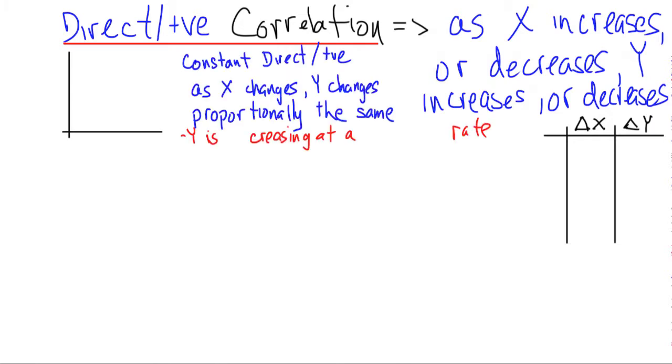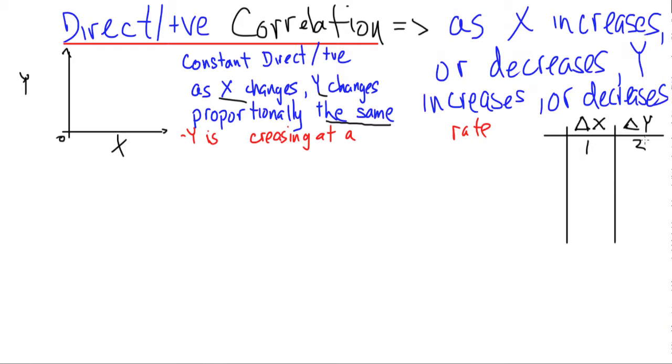First is the constant direct correlation. A constant correlation implies that as x changes, y changes proportionally the same amount. Let's say that x changes by 1 and y changes by 2.